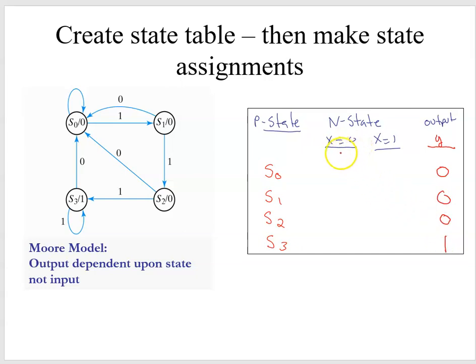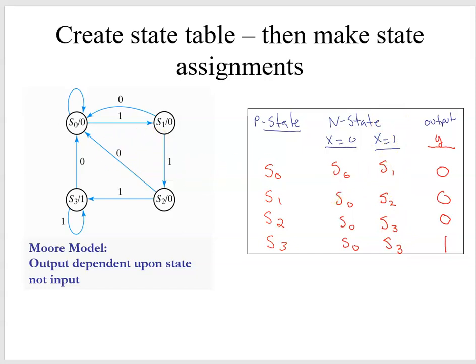If x is equal to a 0, we go to state 0 for all of these states, right? If x is equal to a 1, we go to state 1, we go to state 2, we go to state 3, and if we're in state 3 and x is equal to a 1, we just stay in state 3. So we can create that state table.